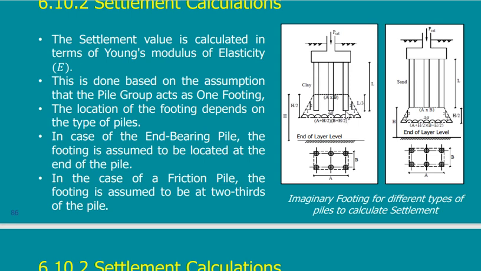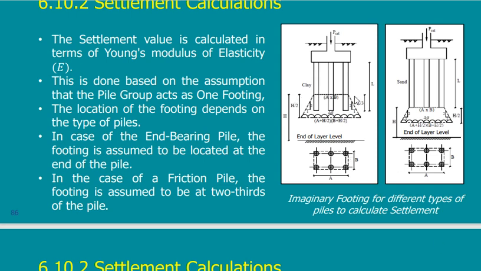So a big portion of the load will be transferred here, and a small portion of the load will be transferred here. So it is as if I have a triangle, and we said that for a triangle, the CG of the triangle is at the third of this. So I can take the imaginary raft at this location, which is 2/3 of the length.